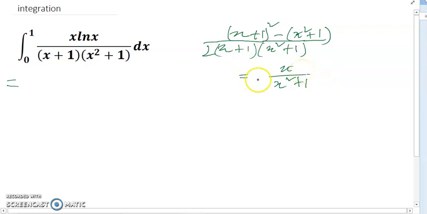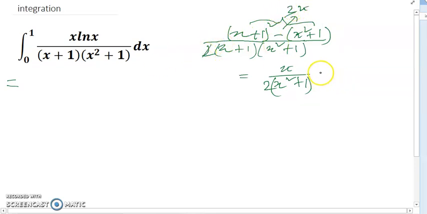Because x plus 1 whole square minus (x square plus 1) is equal to 2x, and this total gives 2x, and the 2 cancels, then it is x divided by this.